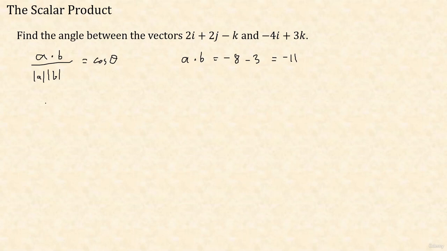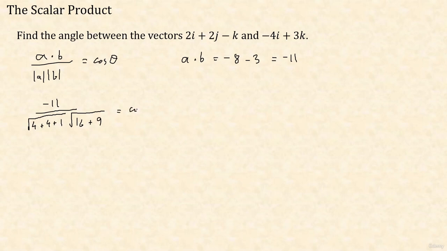And now we just drop that in here. So negative 11 over the modulus of this first one, which is the square root of 2 squared plus 2 squared plus 1 squared, times the square root of 4 squared plus 3 squared.